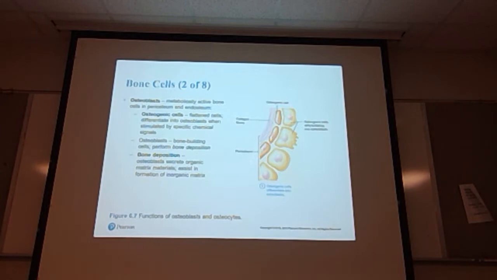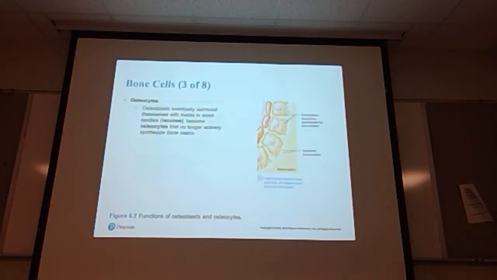Notice it's changing shape, getting a little larger, and there's the full-grown osteoblast. These are bone-building cells. They perform bone deposition, which means they lay down new bone in the area. Bone deposition is the osteoblast secreting organic matrix materials, which assists in the formation of the inorganic matrix.